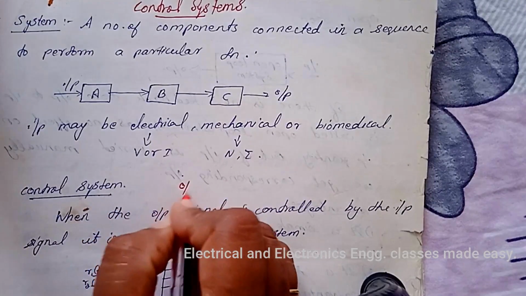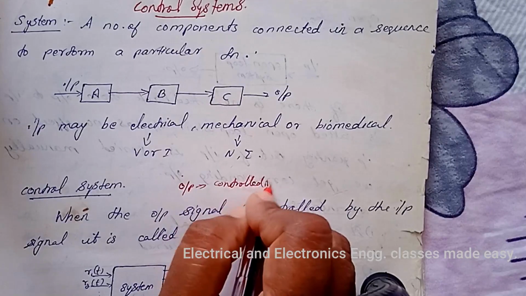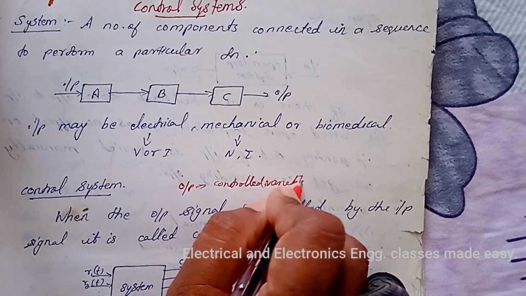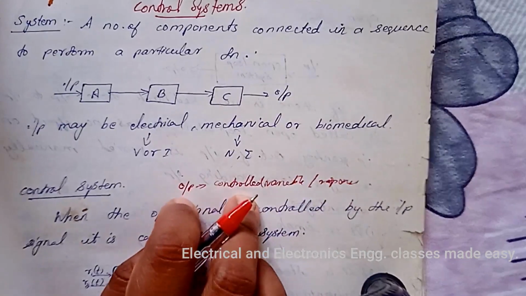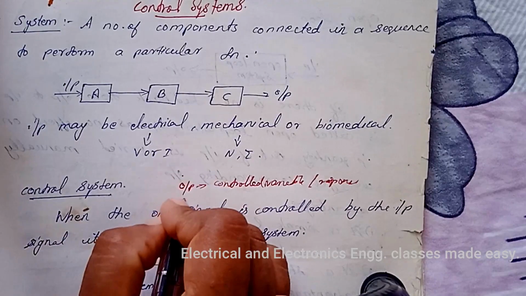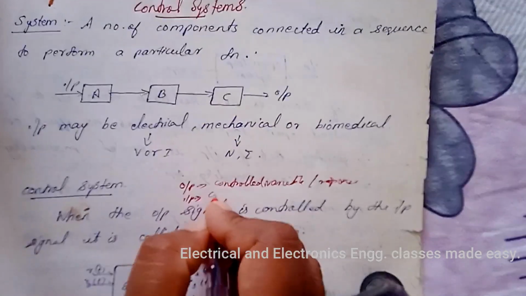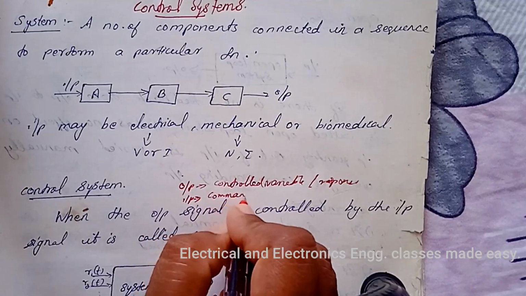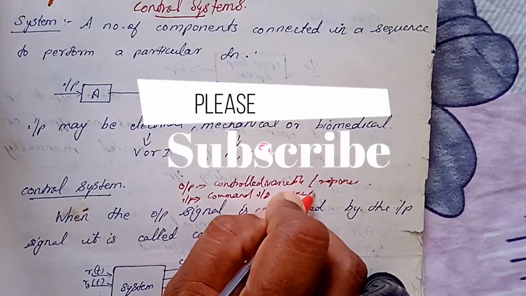And the input quantity is called command signal or excitation.